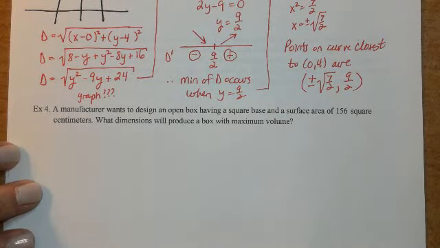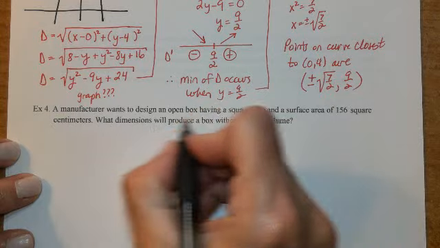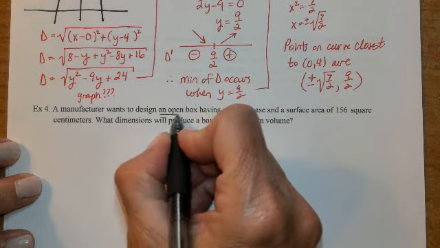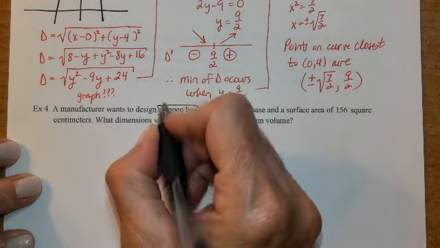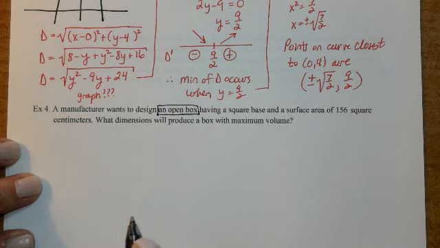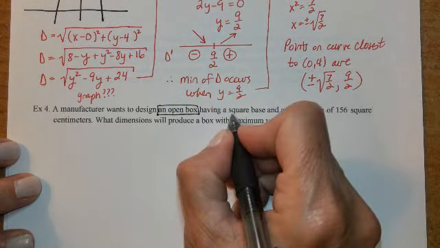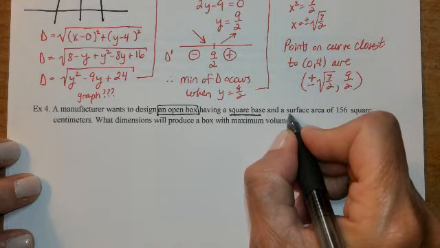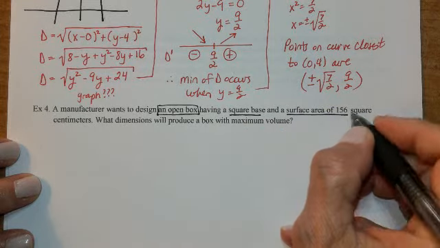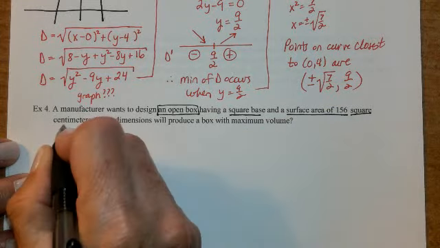Okay, example 4. A manufacturer wants to design an open box. What's an open box? It's a box with no lid, right? And this box has a square base and a surface area of 156 square centimeters.